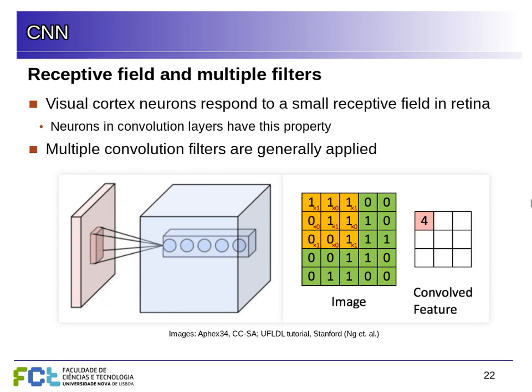The name receptive field comes from the visual cortex, because neurons in our visual cortex only receive input from small parts of the retina. And so different neurons are specialized in different parts of the retina. And generally, we use multiple convolution filters, each with their own set of weights. So each one has its own kernel with different weights.